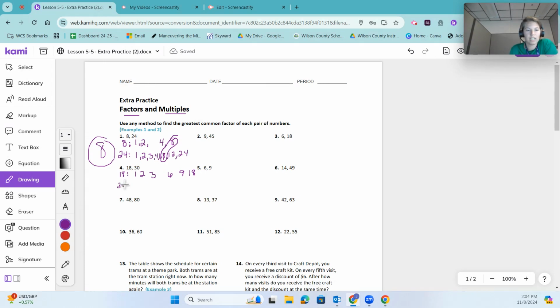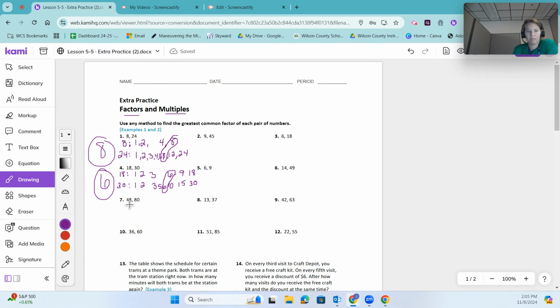And then 30 has 1 and 30, 2 and 15, 3 and 10, and 5 and 6. So for my greatest common factor, 18 doesn't go into both, 9 does not go into both, 6 does go into both. That is the largest of my common factors. So 6 is your greatest common factor.